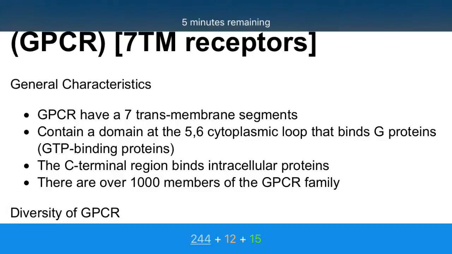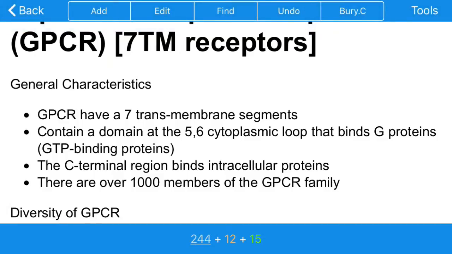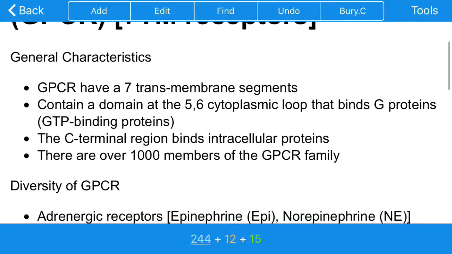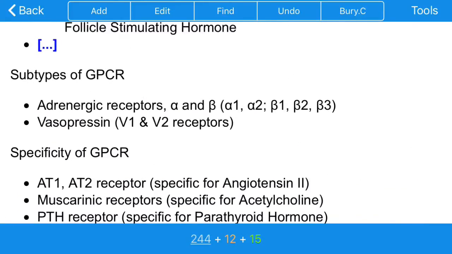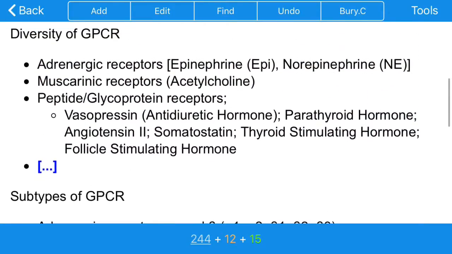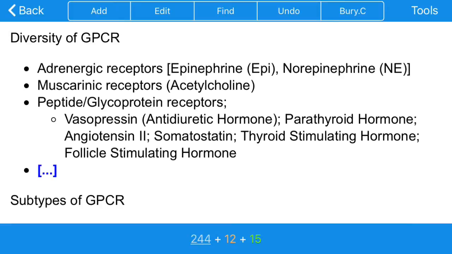Oh, look at that. I got through 100 cards. Look at that, over 100. See, this is a lot faster than yesterday. Alright, just general characteristics, GPCRs. I'm spending a lot of time on receptors, because I need to.